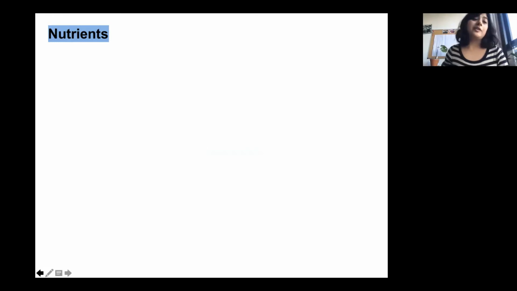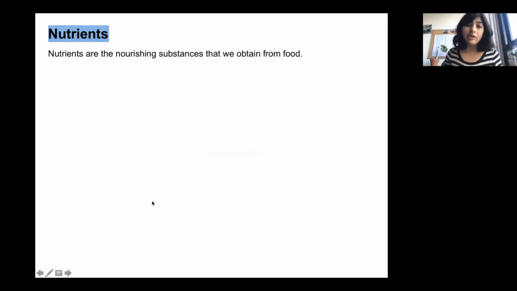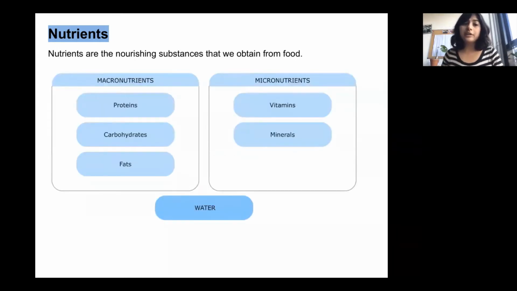Okay. Basically, that's what nutrients is all about. So nutrients are the nourishing substance that we obtain from food. So we eat a lot of foods. From each of all the foods, we get at least some of the nutrients. So basically, there are 2 different kinds of nutrients depending on the quantity that is required for our body.